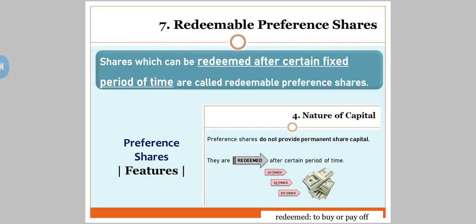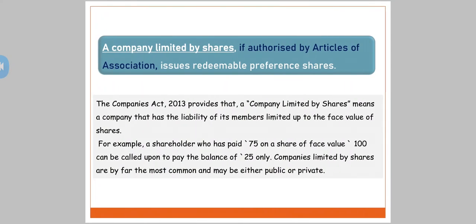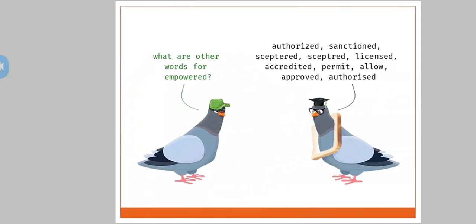The very first one is shares which are redeemed after a certain fixed period of time are called redeemable preference shares. Second, a company limited by shares, if authorized by the Articles of Association, if there is a permission, if the company has got authority under the Articles of Association, then only the company will issue redeemable preference shares.